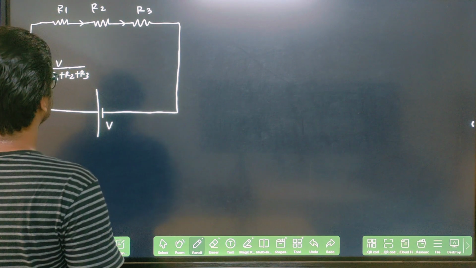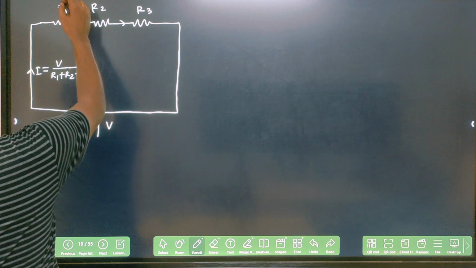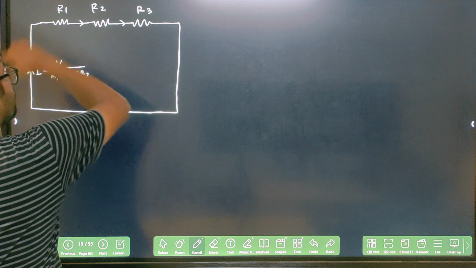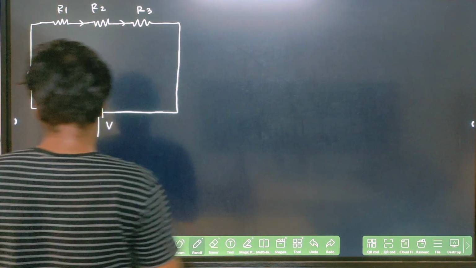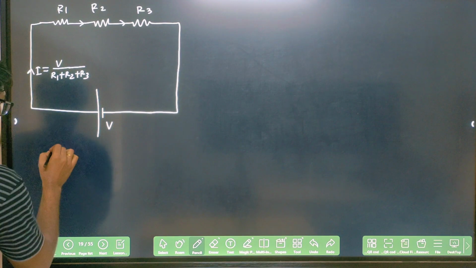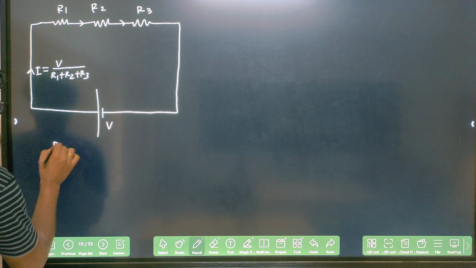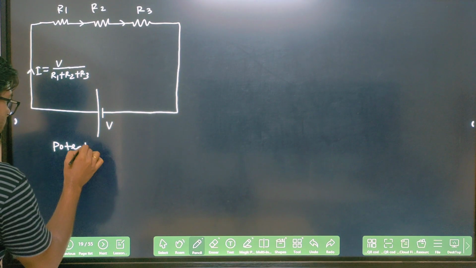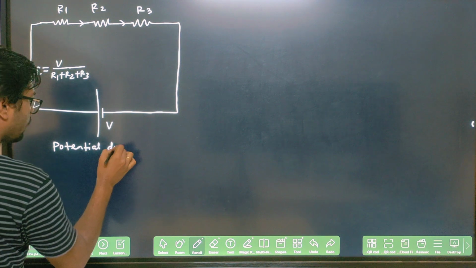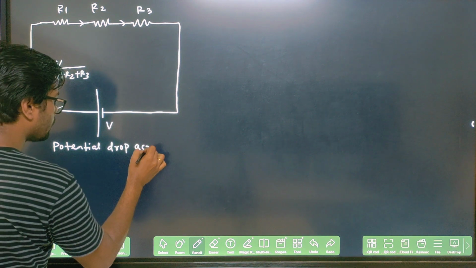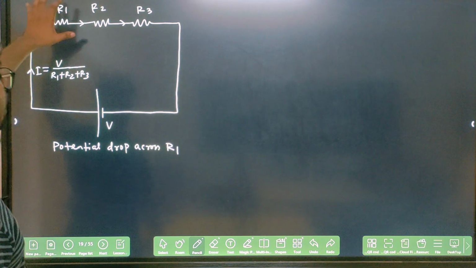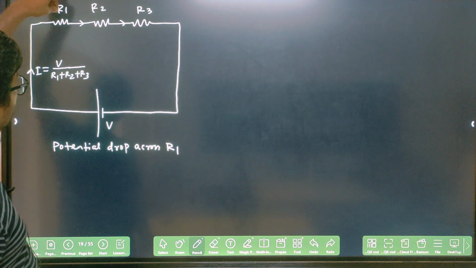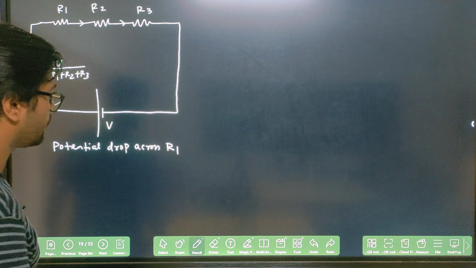Now I want to ask you, can you find out the potential drop across this resistor? Potential drop across the R1 resistor, how much will it be?